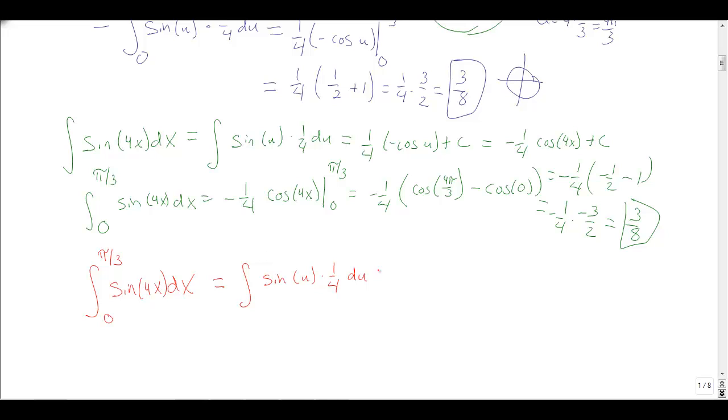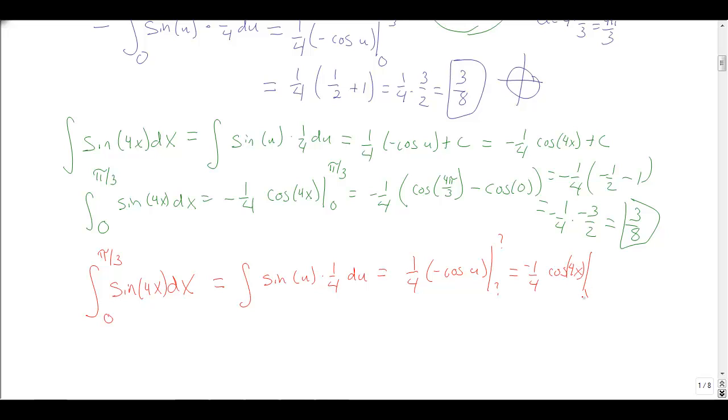And then I say, oh, this is then 1/4 times negative cosine u, but then it goes from something to something, and then this is 1/4, and then put in the negative cosine of 4x. And actually, just to make it match what I did before, let's write it as negative 1/4 cosine of 4x.